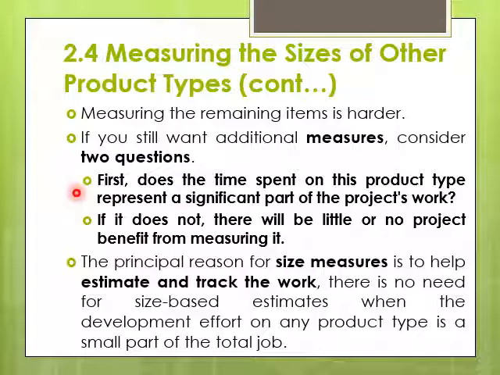So the project work involved is probably too small to justify a size-based estimate and plan, because the principal reason you want size measures is to help estimate and track the work. There is no need for size-based estimates when the development effort on any product type is a small part of the total job. Estimate the amount of time that you expect this work to take.